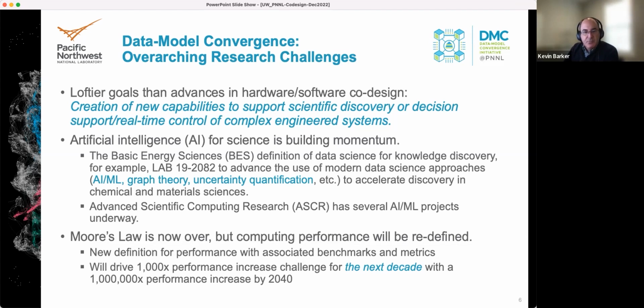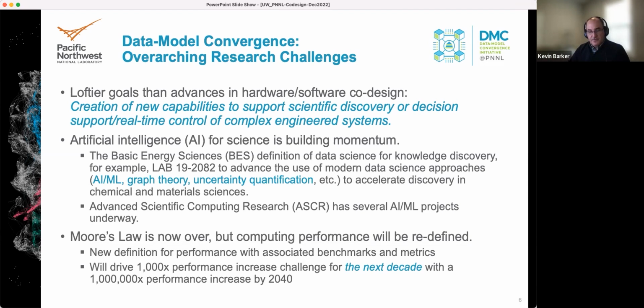And the idea is to enable transformative science, right? It always comes back to the science domains and how can computing support these transformational science opportunities? How can we accelerate scientific discovery through advanced computing techniques and concepts? And so that's really kind of the vision behind why DMC was started.